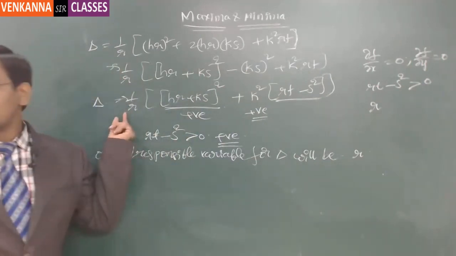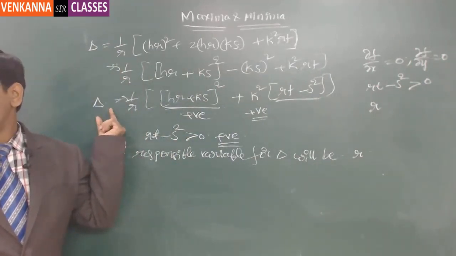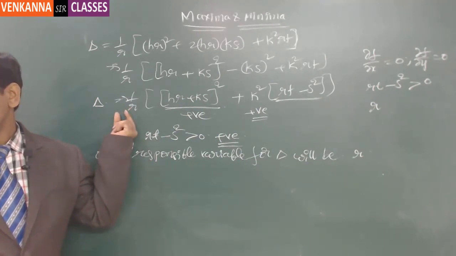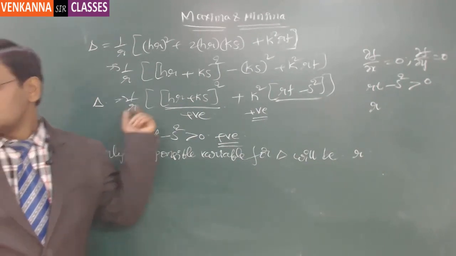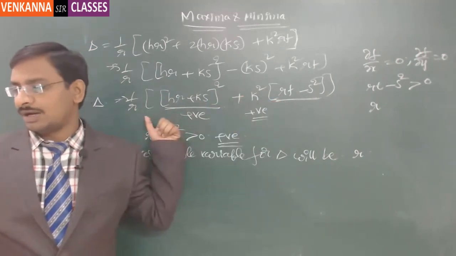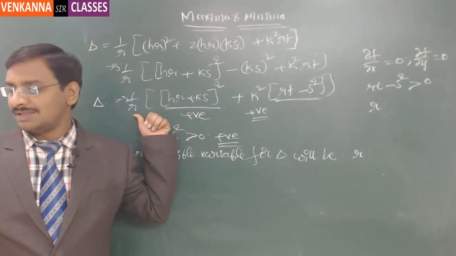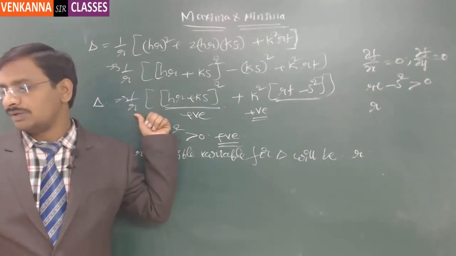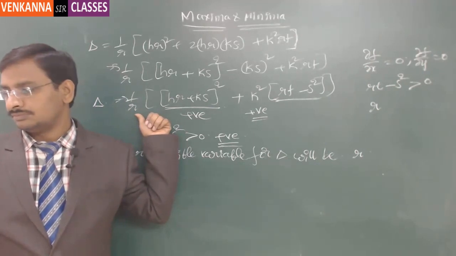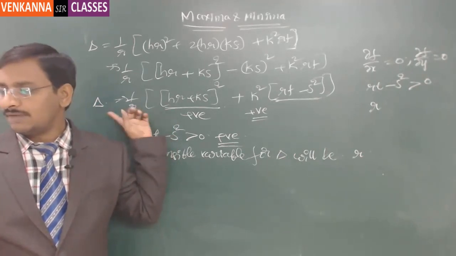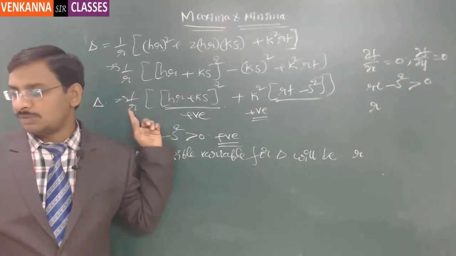Now if R is negative, then what do we get, positive or negative? So everything is positive here except for R. If R is negative, delta will be negative, right? If delta is negative, are we getting the maximum value or minimum value? I am expecting an answer from you. So the delta value is deciding the maximum value or minimum value.